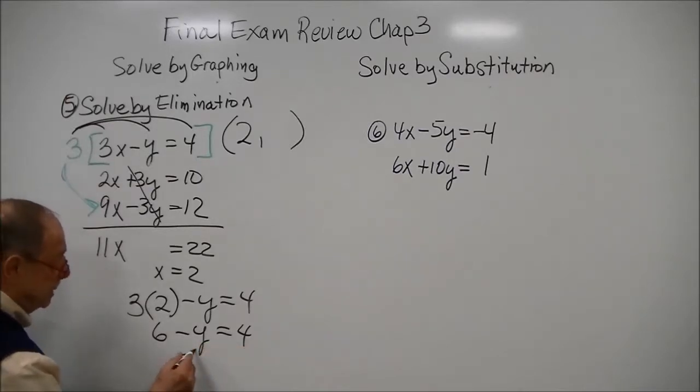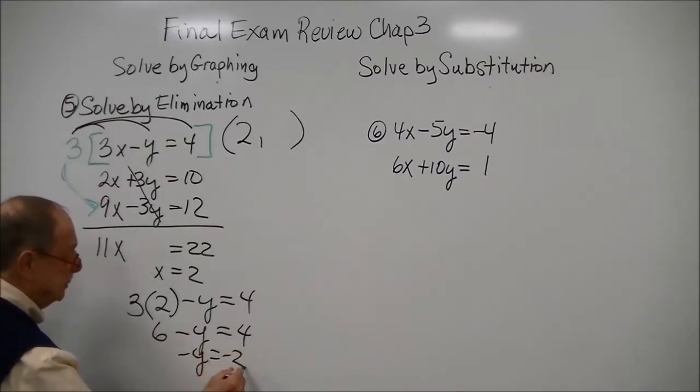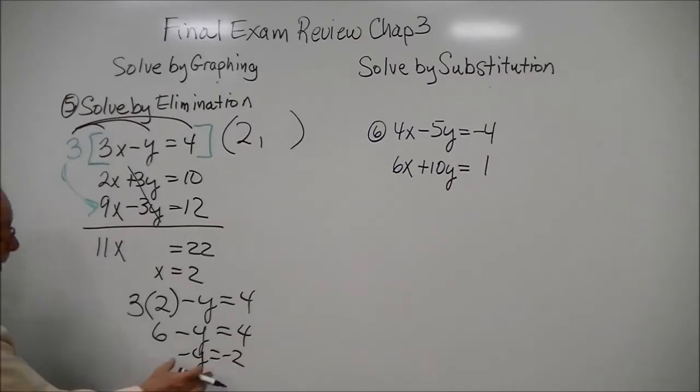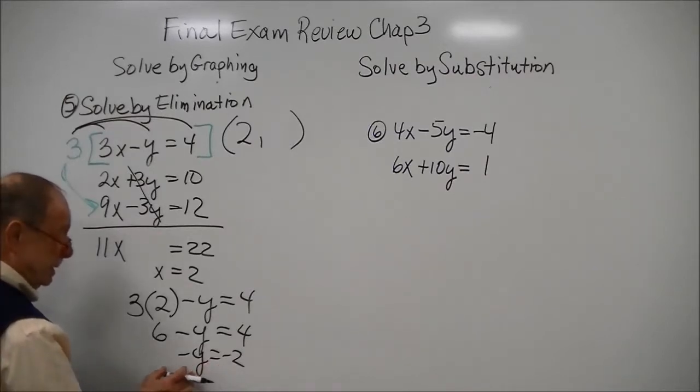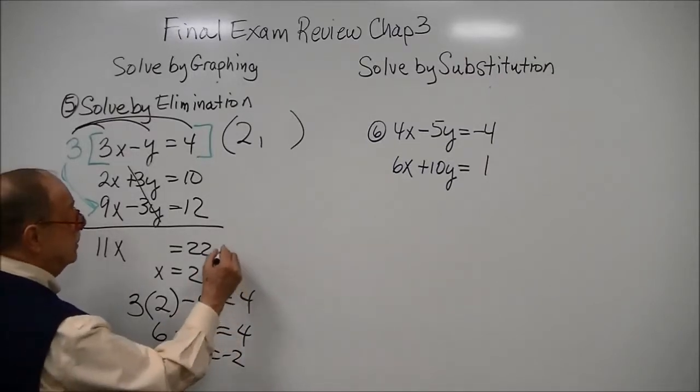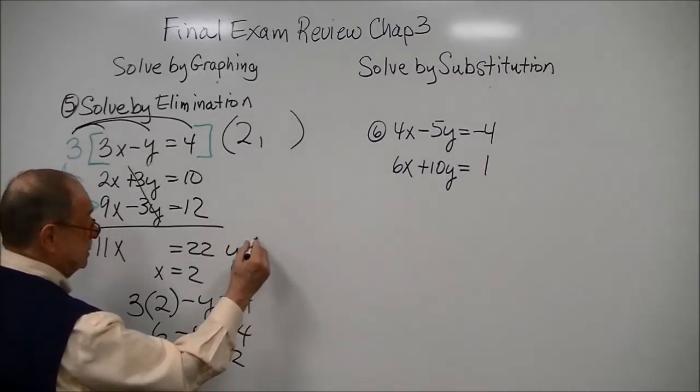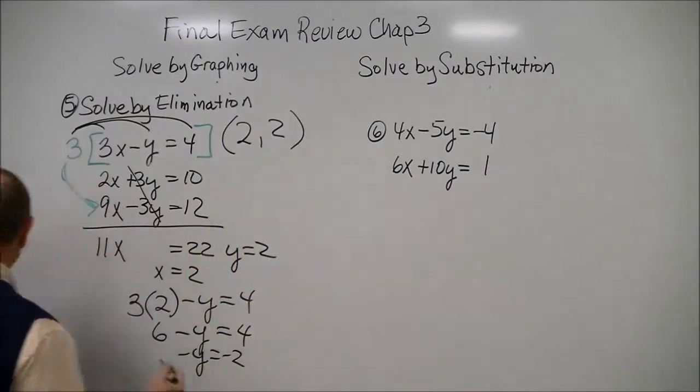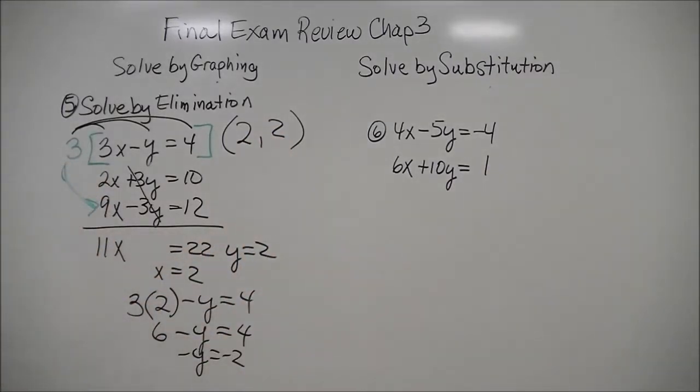So I get a negative y equals a negative 2. Now divide each side by a negative 1, or just change the signs, and I now have y equals 2. So that is my ordered pair for number 5.